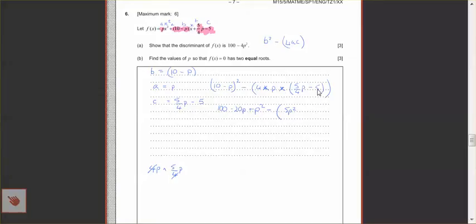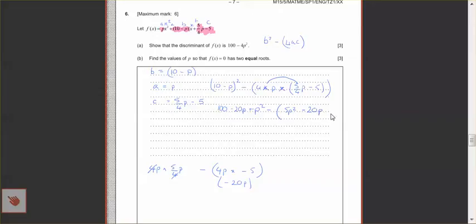So I've kept that in brackets because I've got to now expand these brackets. So I've got 4p times 5 over 4p, and then I've got minus 4p times minus 5. So that's minus 20p in the brackets.